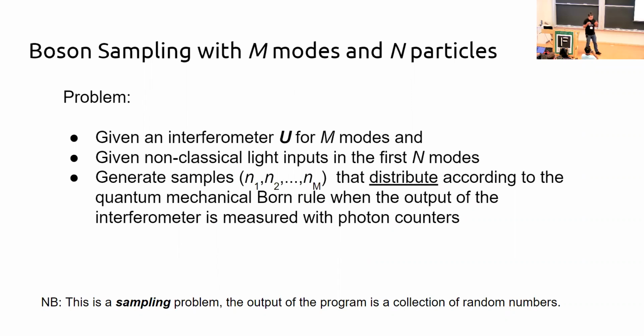The photons do whatever quantum mechanical thing they do inside interferometers, they come out, and at the output you put photon number resolving detectors or threshold detectors, depending on what you have in your lab. The task is to sample from the distribution. Every time you run the experiment, you get a collection of random numbers, and you want to be able to do this efficiently with a classical computer, as opposed to a quantum computer, which would simply build this optical setup.